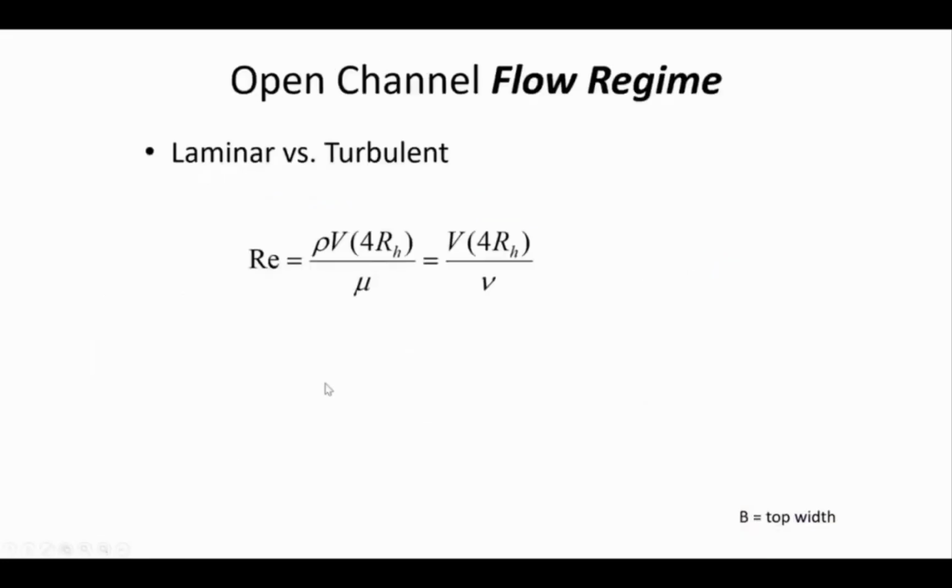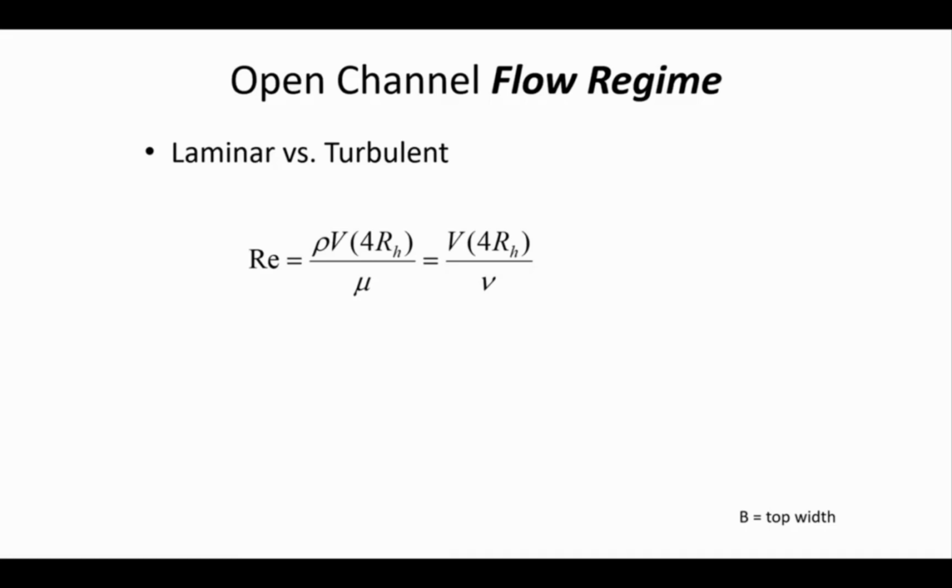Some of the other ways that we can categorize flow, remember there's uniform versus non-uniform, steady versus unsteady, and we've talked about laminar versus turbulent. For open channel flow we apply the same simplification that we did for non-circular conduits.